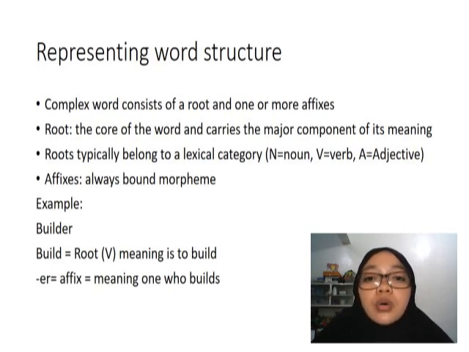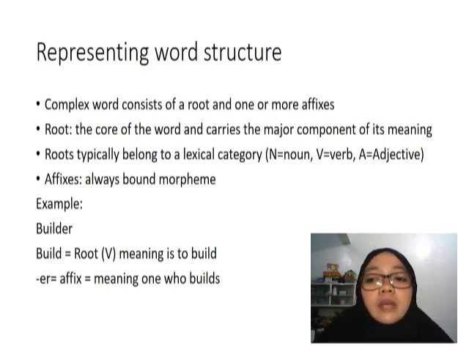Root typically has a lexical category, for example noun, verb, adjective. Those lexical categories belong to the roots themselves. What about affixes? Affixes are always attached to a free morpheme, free form, or word.